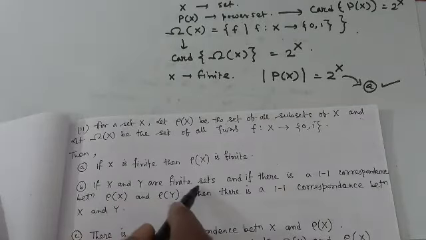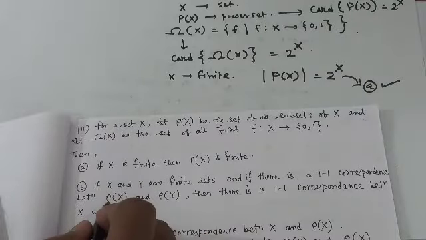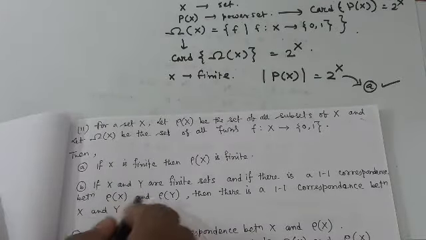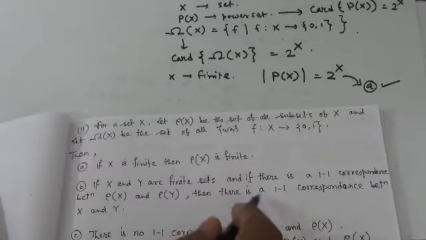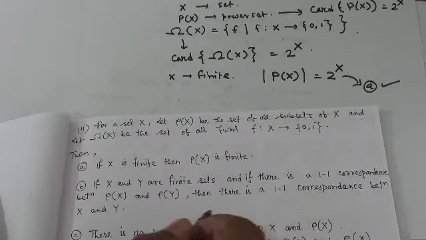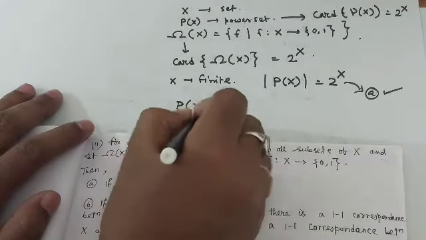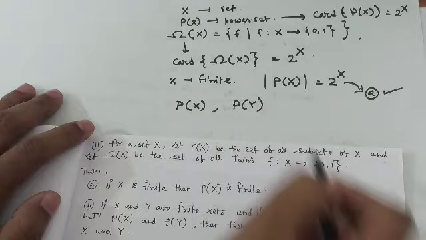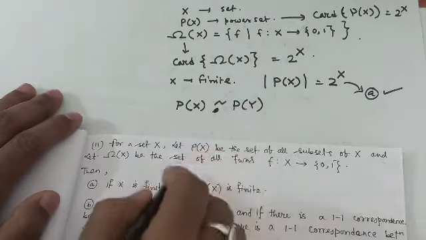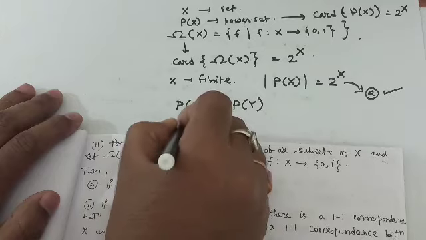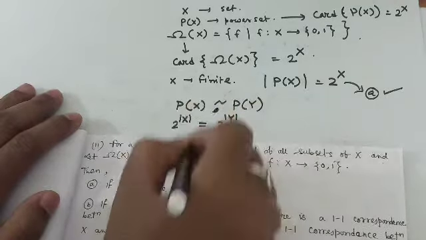Now we are coming to the second option. If X and Y are finite sets, and if there is a 1-1 correspondence between P(X) and P(Y), then there is a 1-1 correspondence between X and Y. So what they are talking about is that between P(X) and P(Y) there is a 1-1 correspondence, so in fact they are equivalent. So their cardinality, 2 to the power |X|, is going to be 2 to the power |Y|.